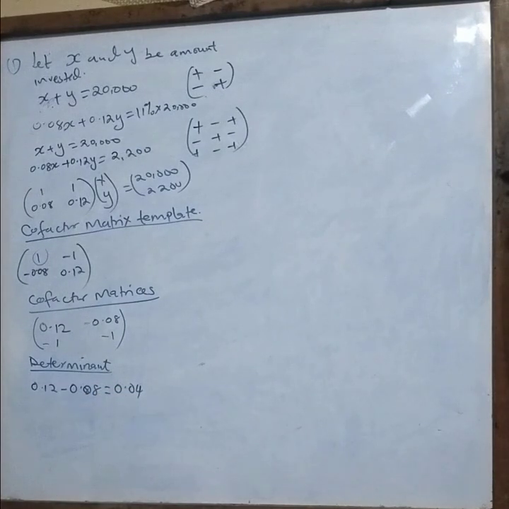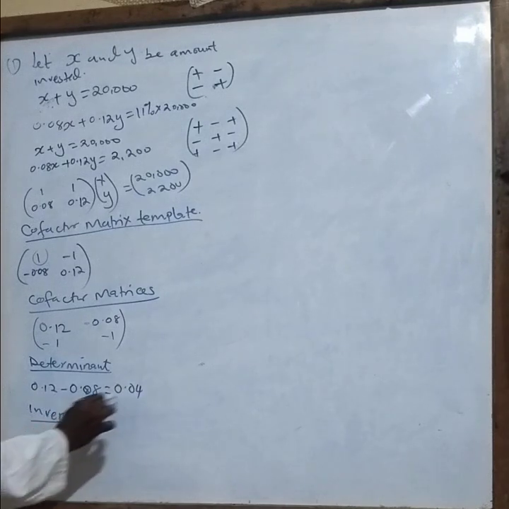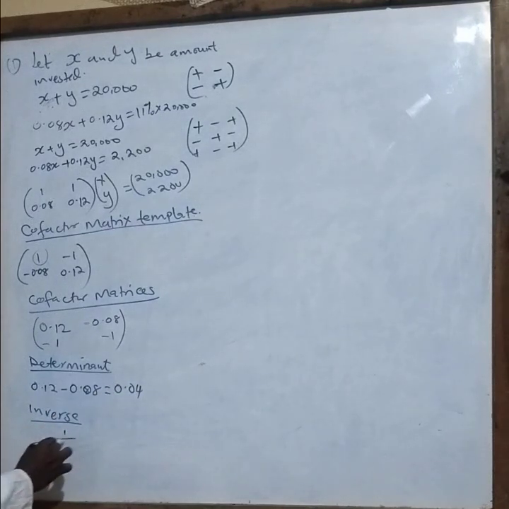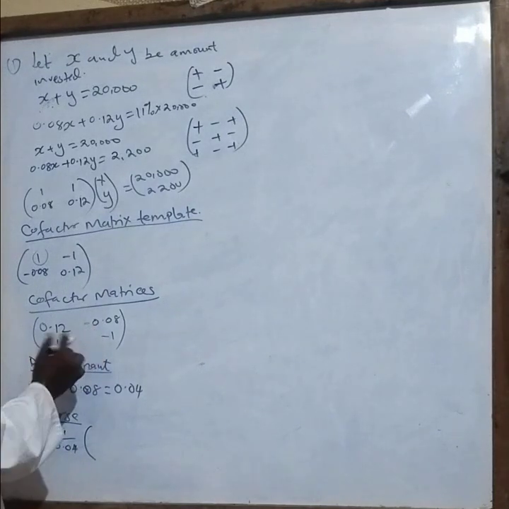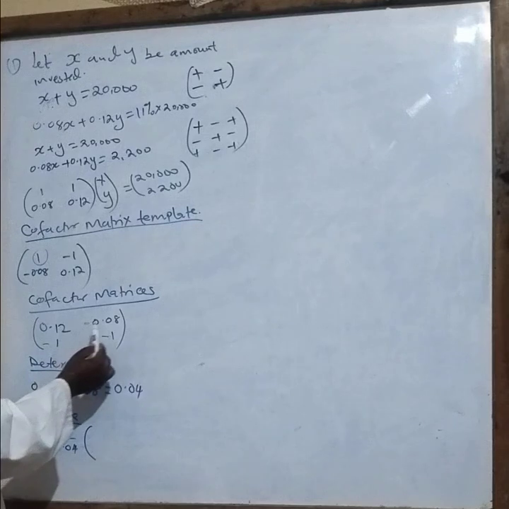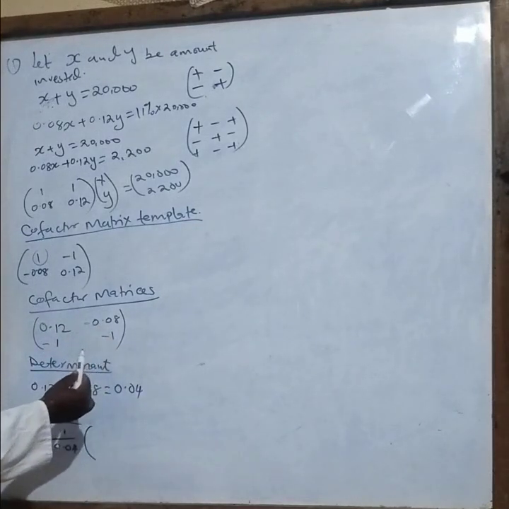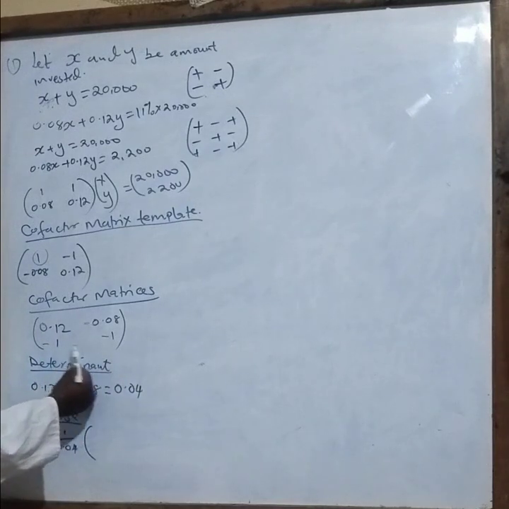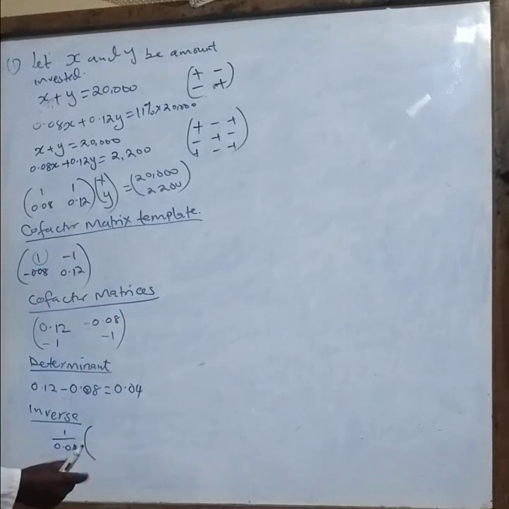The second step, get the inverse of this now. What is the inverse? The inverse now is 1 over 0.04 into brackets. Now, look at what is happening here. We have seen already it is like this. So how do you get the inverse of this? You interchange the rows and the columns, the way we learned yesterday.